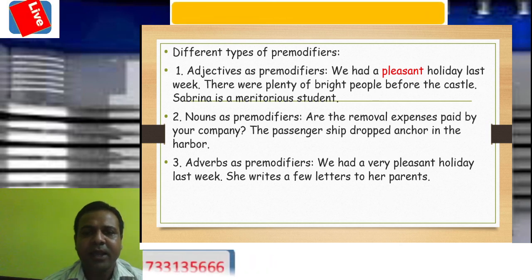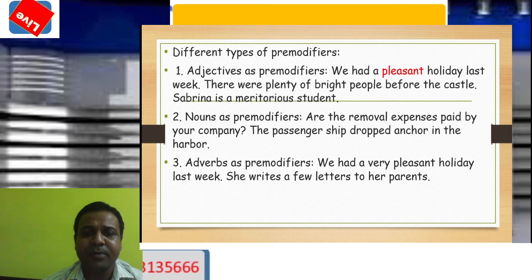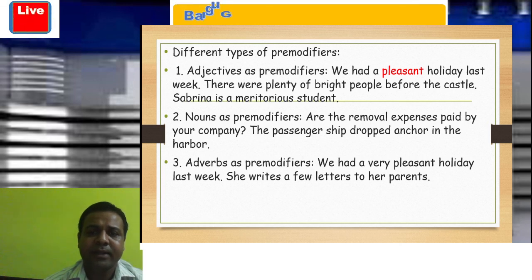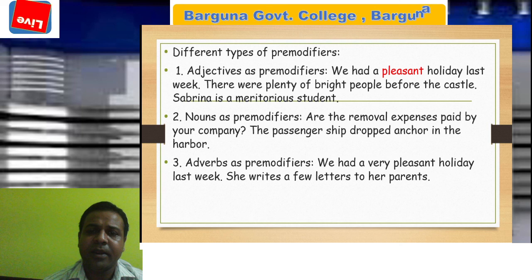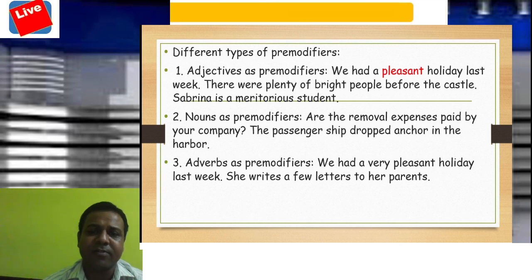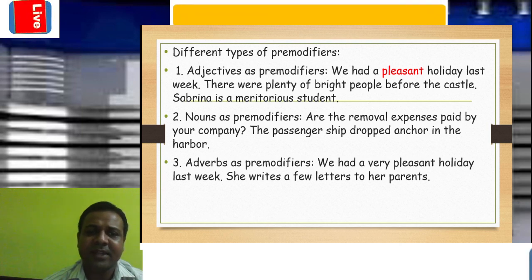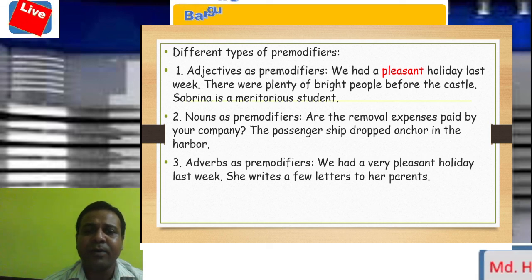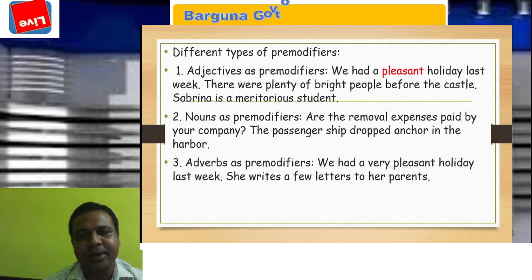So we see a noun is placed before another noun, and that is why this first noun works as an adjective of the second noun, expenses. That's why we can see that a noun also can be used as a pre-modifier.